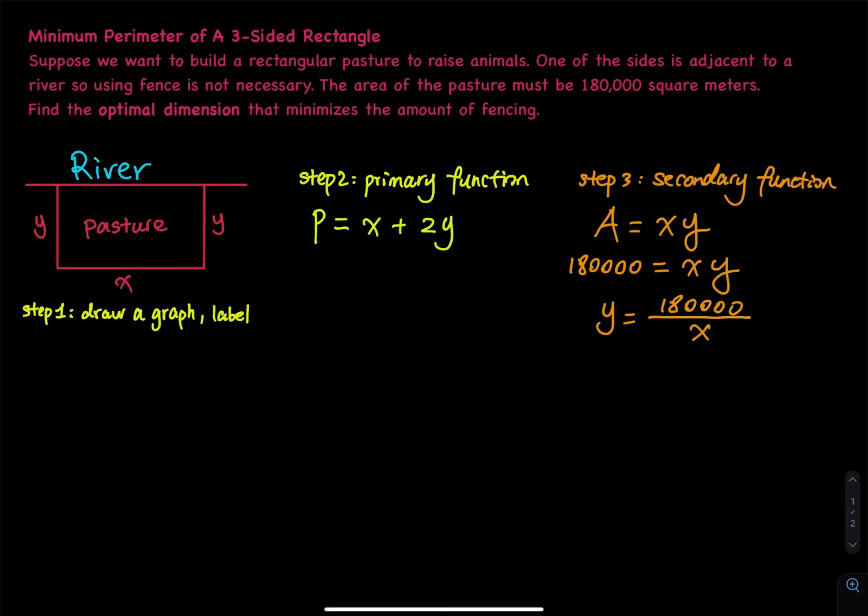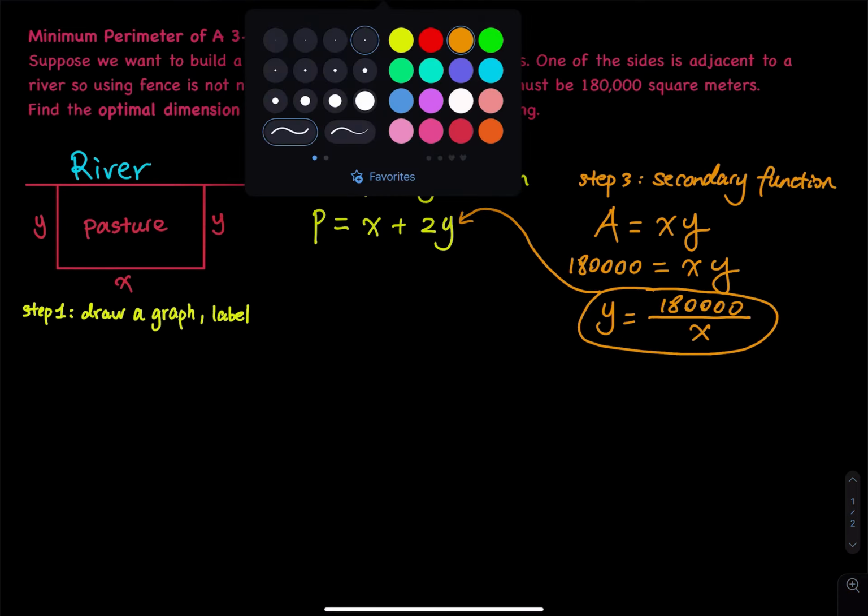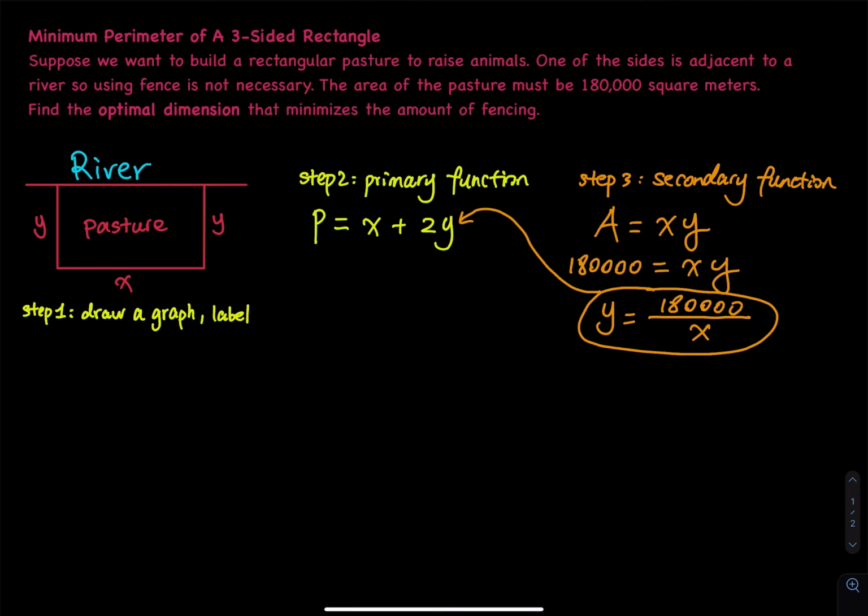The next step is to plug the secondary into the primary. I am going to plug this into my primary. After the plug-in is done, the primary is in terms of one independent variable, and then you can start taking derivatives.